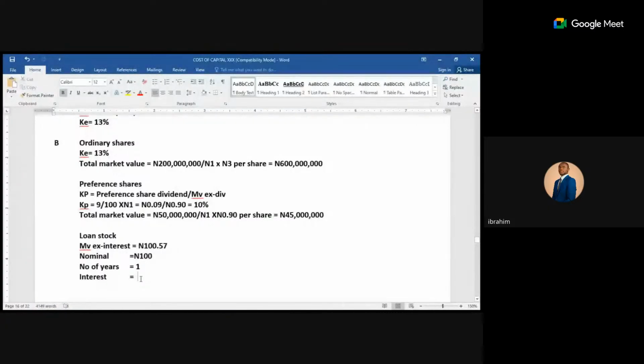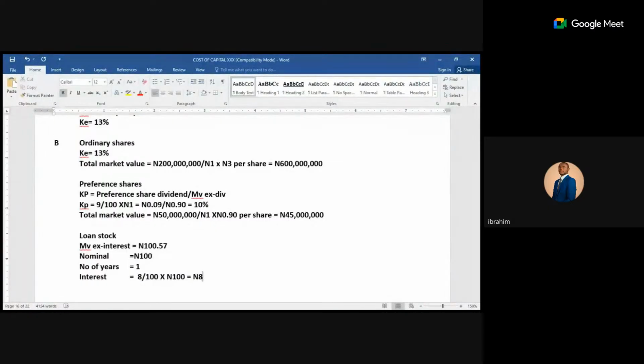So if it is 8%, we can convert this 8% to naira. 8 divided by 100 times the nominal value. You don't need to cram SFM, just understand it. You have 8 naira. That is the interest.